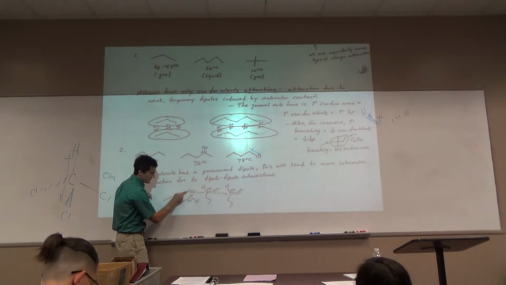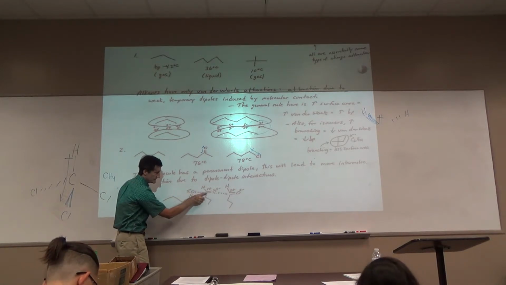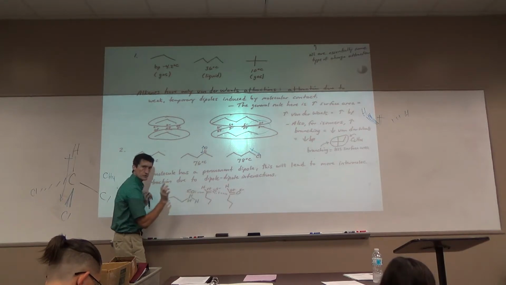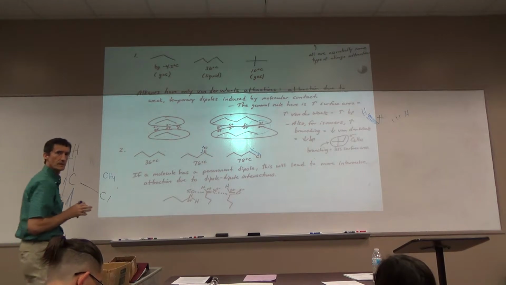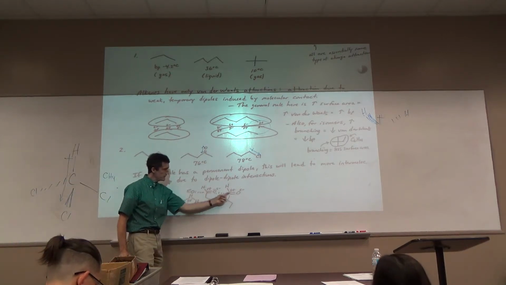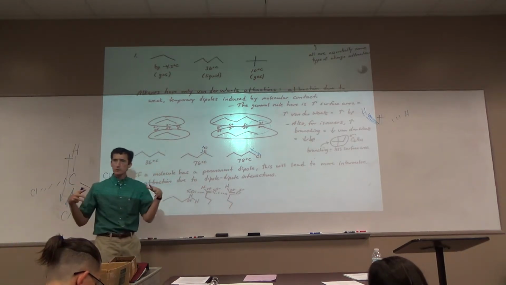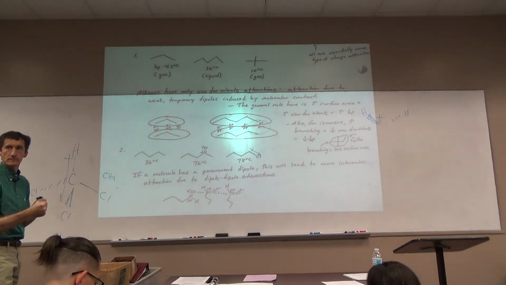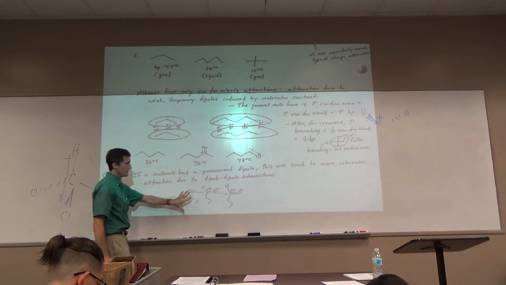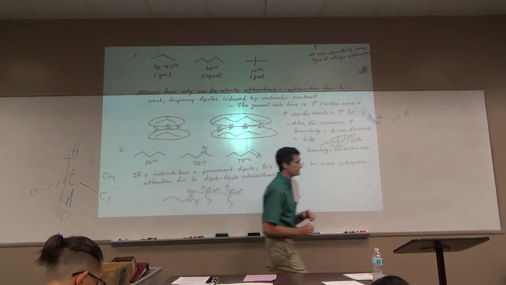The partial negative of the oxygen interacting with the partial positive of the carbon. The dash is just showing a non-covalent interaction. Okay? And you can illustrate how all your molecules would be holding hands a little bit. That's a stronger IMF than the one above.